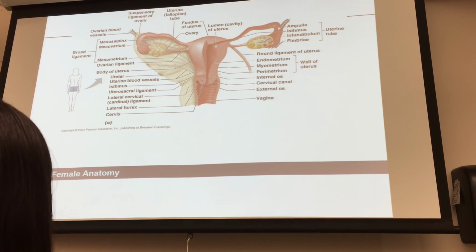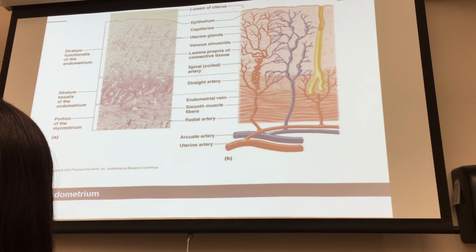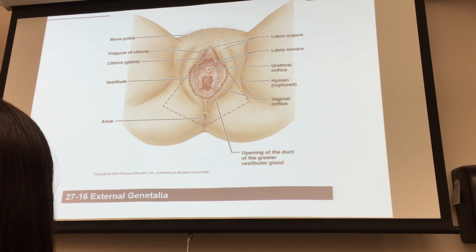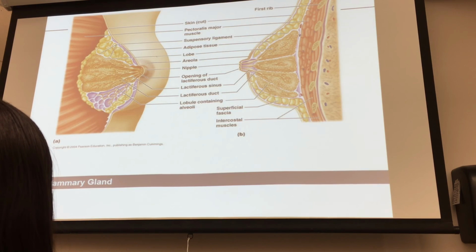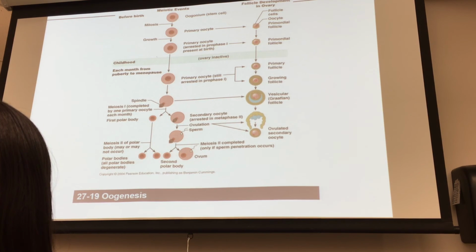There's the ampulla, that's where fertilization takes place. Endometrial wall, vulva. Talked about oxytocin already, nothing about breast tissue, areola, lactiferous ducts, nothing came up on the exam.